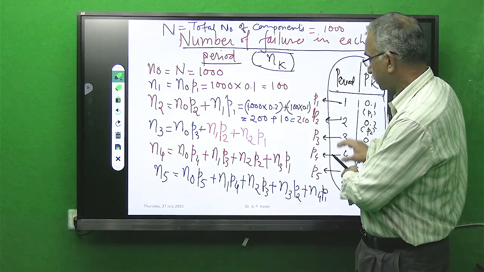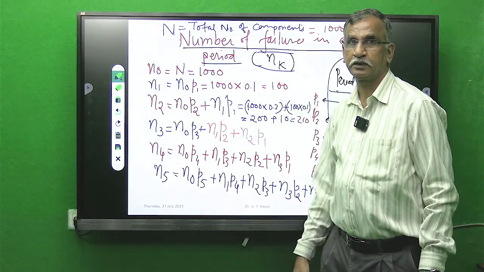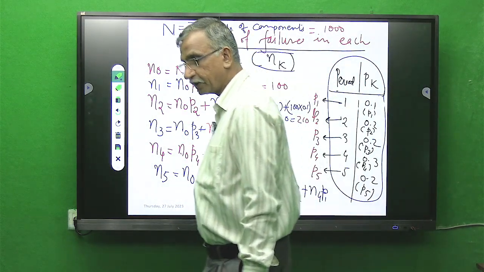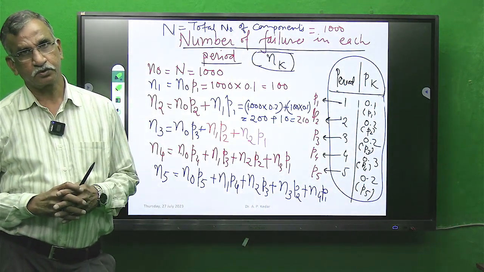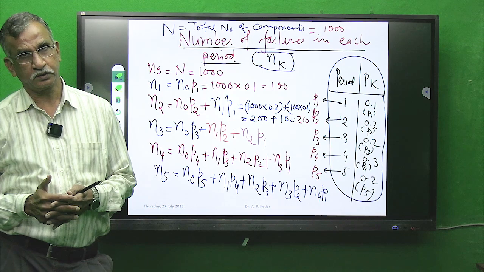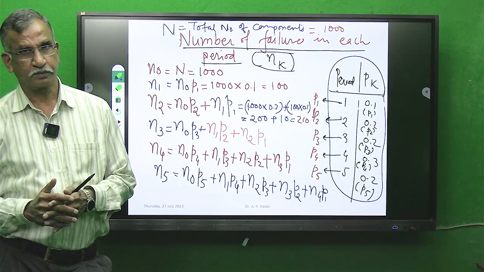Now suppose the data is of 8 weeks, we have to calculate N8. If data is of 10 weeks, we have to calculate N10. If data is of 5 weeks, we have to calculate up to N5. If it is 7 weeks, we have to calculate up to N7.